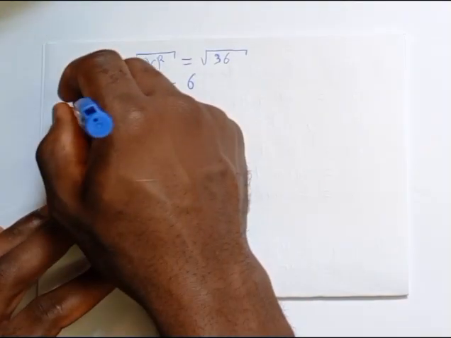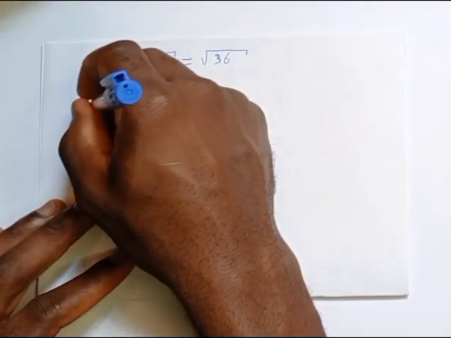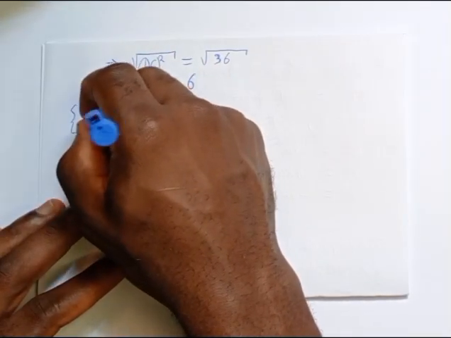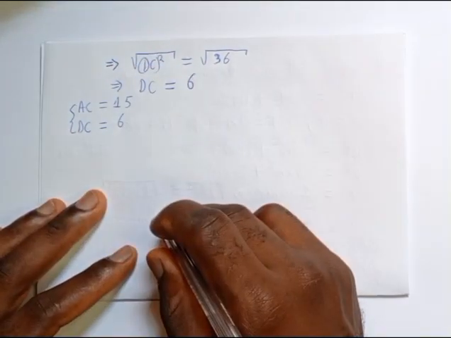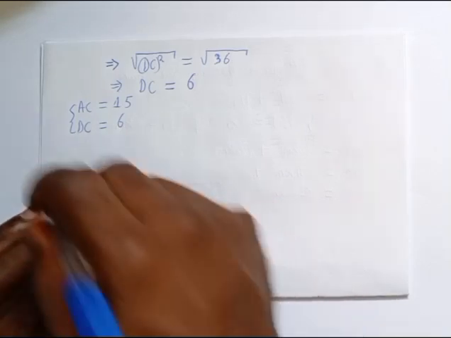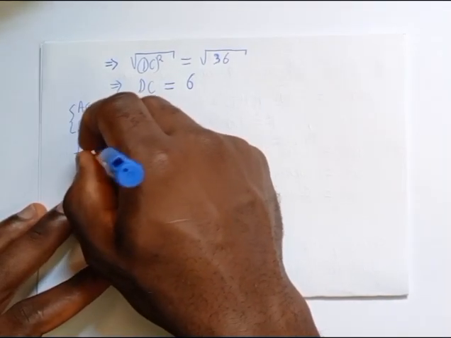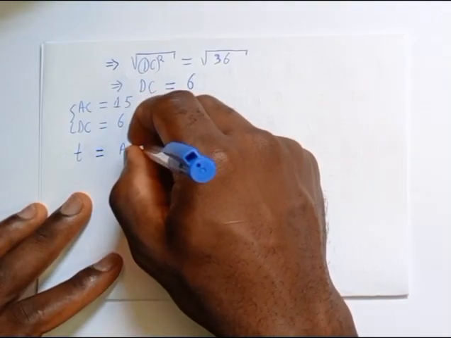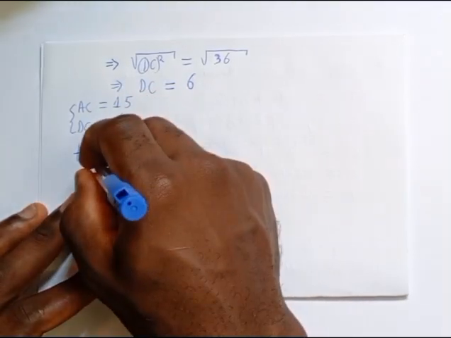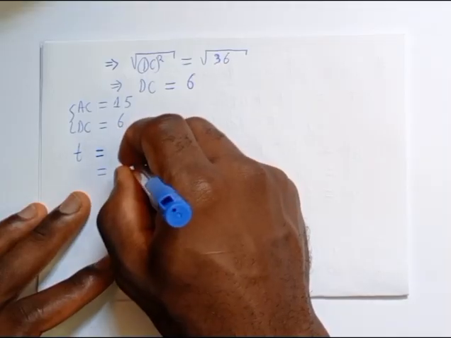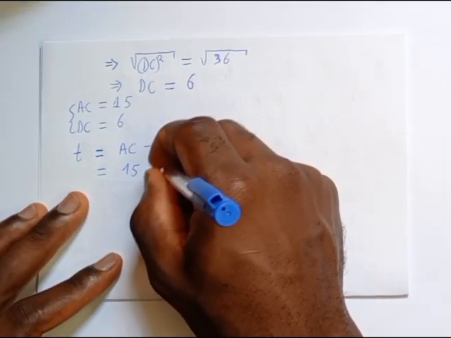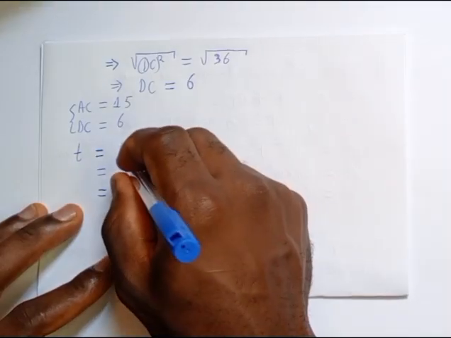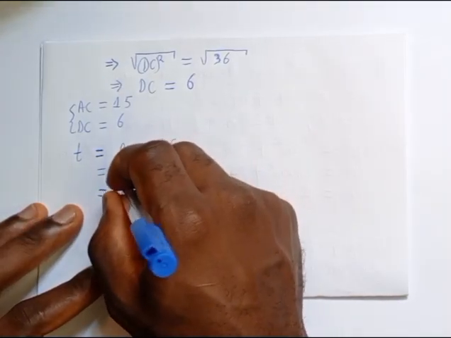Knowing AC, which is 15, and DC, which is 6, we can find T. T will simply be equal to AC minus DC, and this will give us 15 minus 6, which gives us 9.